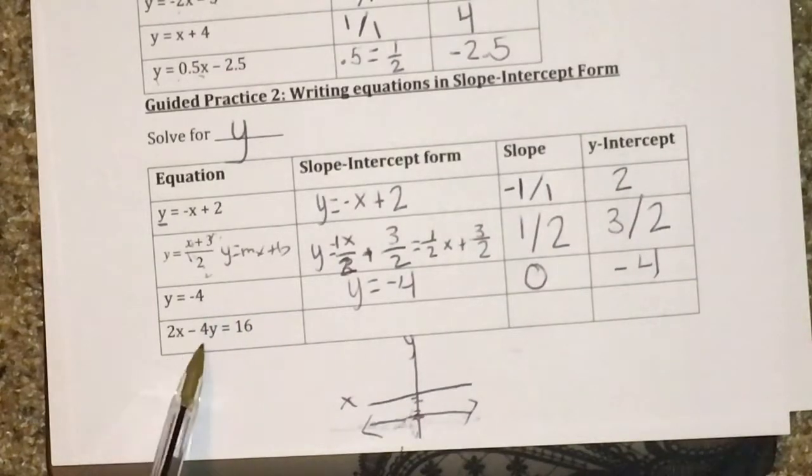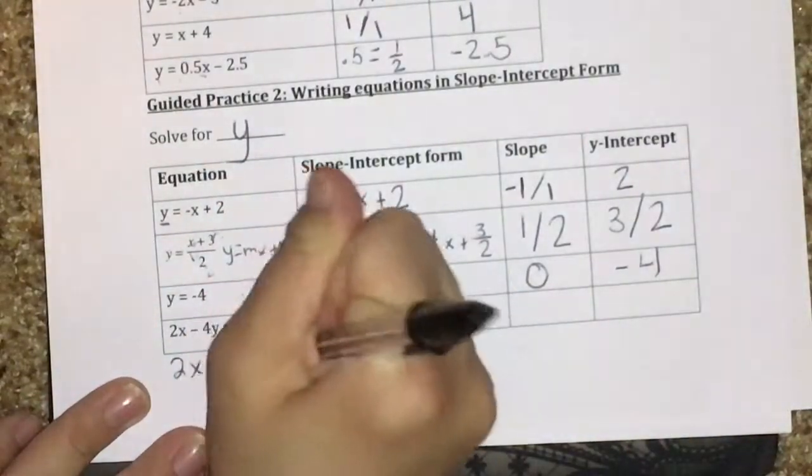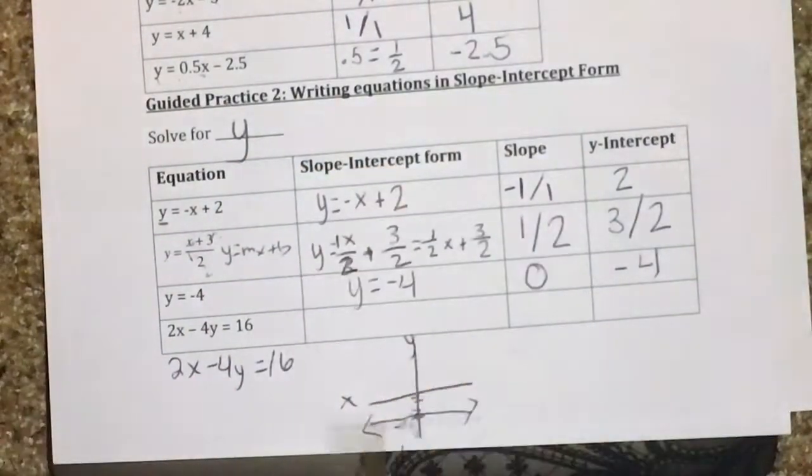Now here's the most important one, because this is the one that you're going to come across the most. 2x minus 4y equals 16. This is in that standard form that we're used to seeing, but it needs to be in slope-intercept form. In order to be in slope-intercept form, we need to solve for y, get y by itself. So let's decide first what is happening to y.